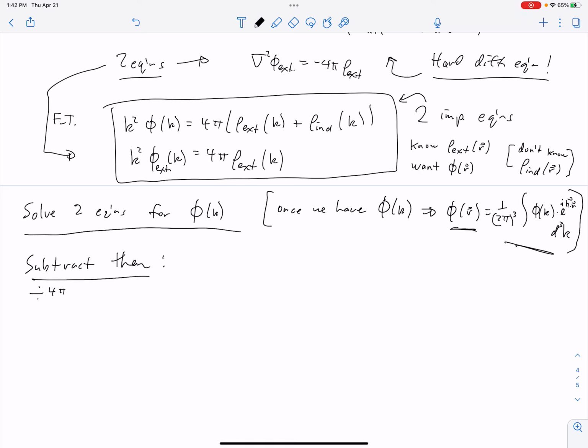And so then we get k squared over 4 pi times phi of k, the thing we want, minus phi external of k, the thing we know, is equal to rho induced of k. And that's the thing we don't know.